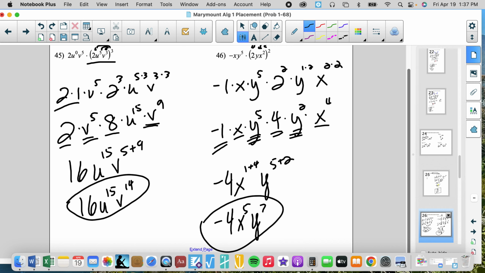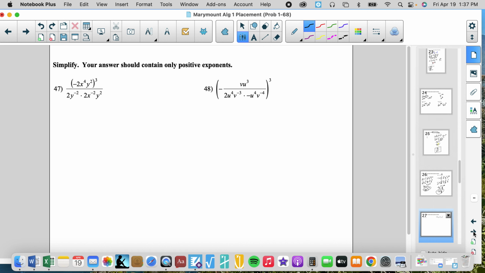Number 46. Yup, good. We've got to distribute before we do anything else. That's going to be the quantity of -2 to the 3rd. You should write the notation properly. If you don't have those parentheses around there, that is technically incorrect notation. We can simplify the denominator.